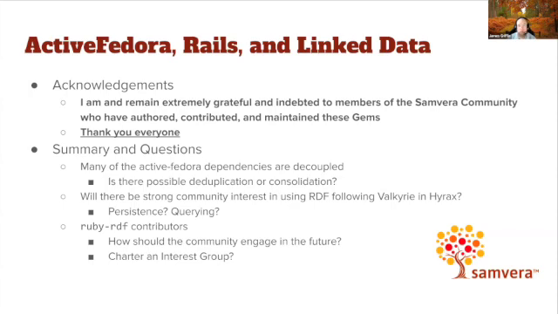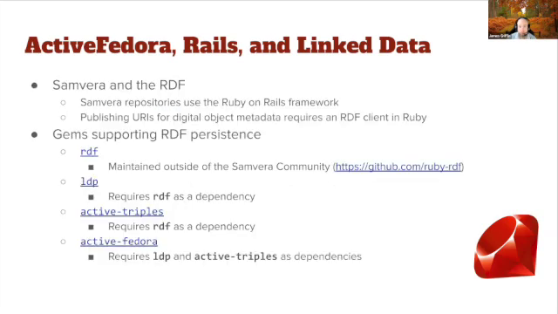The first question I have, and really the concern I have, is whether or not some of these dependencies should remain decoupled. Is it possible to avoid segregating LDP and Active Triples and ActiveFedora from one another?